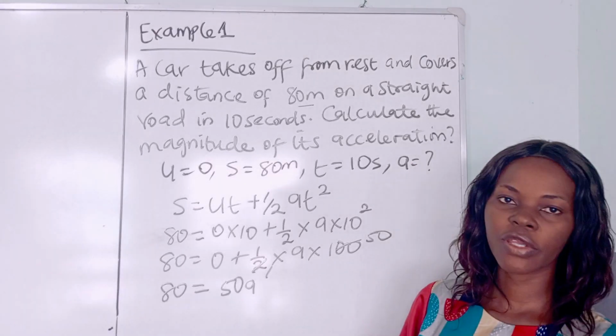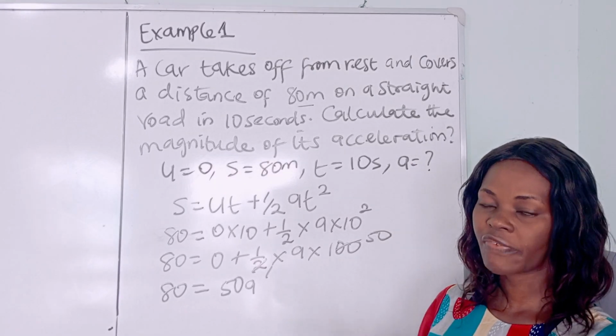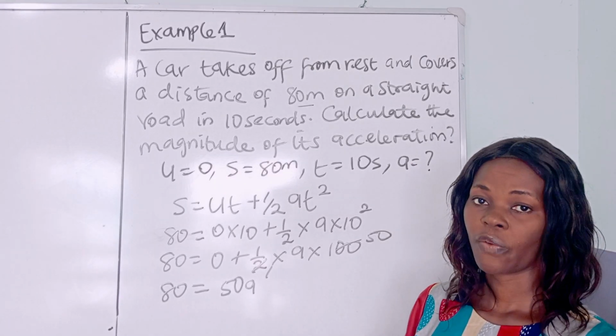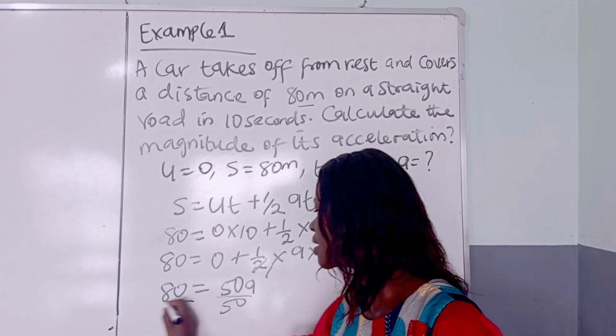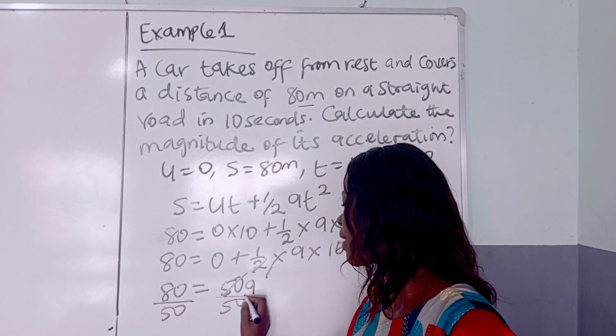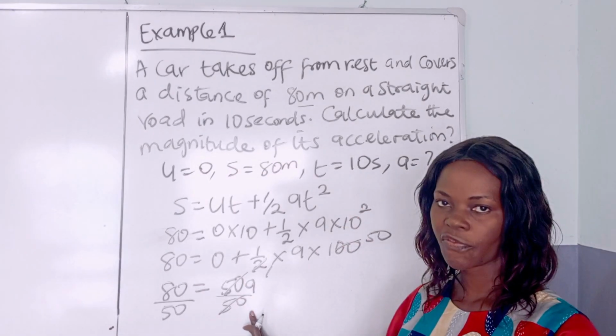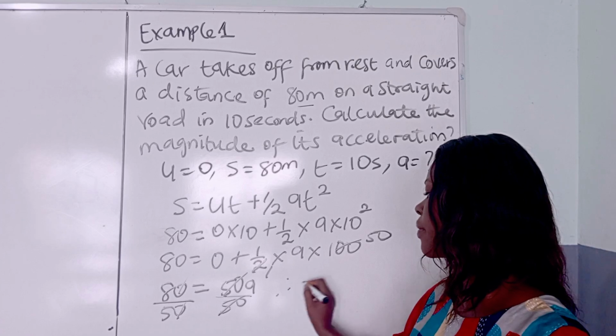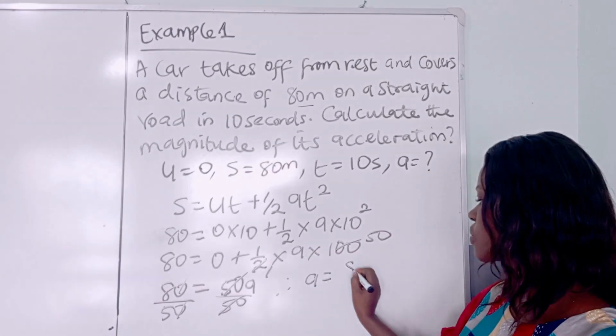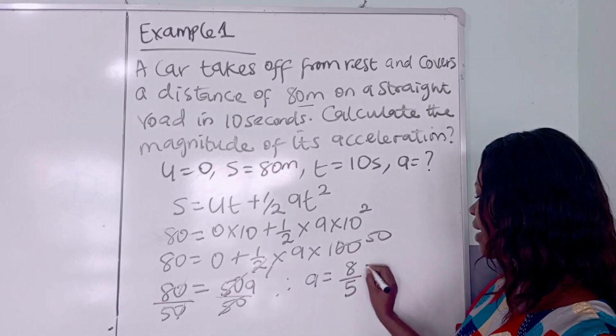Since I'm looking for A, I'm going to divide both sides by the coefficient of A, which is 50. So divide both sides by 50. Alright? 50 into itself once, I'm left with A. 0 cancels 0. So A is equal to 8 over 5.